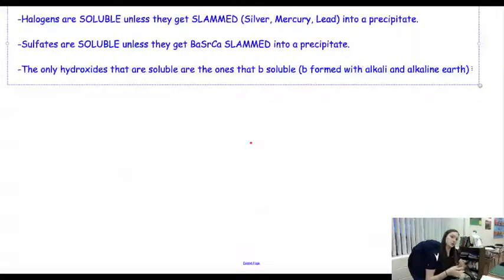So those are a couple of little sayings that people use to help memorize them. And again, ammonium and your alkali metals are always soluble, and then you've got carbonates, phosphates, sulfites, chromates, and sulfides that are always insoluble. And those are up there in that chart.